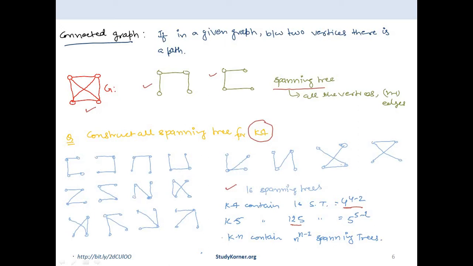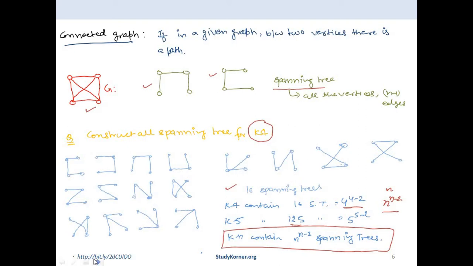So if I have Kn, that is a complete connected graph with n vertices, then I can have n to the power n minus 2 spanning trees. You can calculate the total number of spanning trees by this formula: if n is given, then this graph contains n to the power n minus 2 spanning trees.